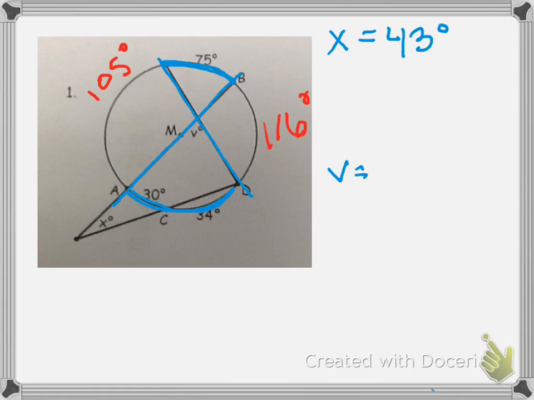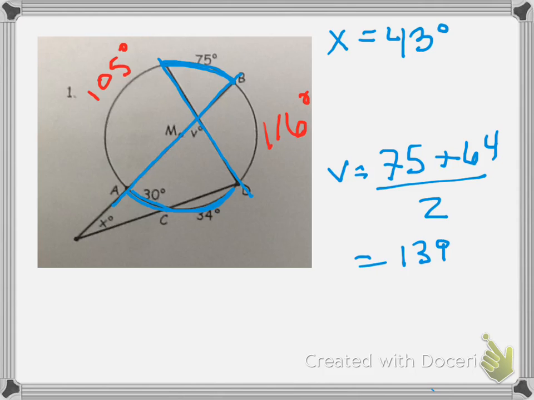So v is equal to 75 plus 64 divided by 2. 75 plus 64 is 139, divided by 2 is equal to 69.5. So that's v. So x is 43 degrees and v is 69.5 degrees.